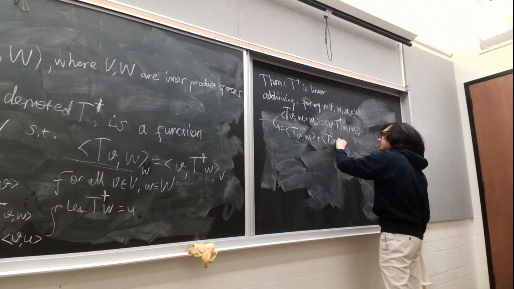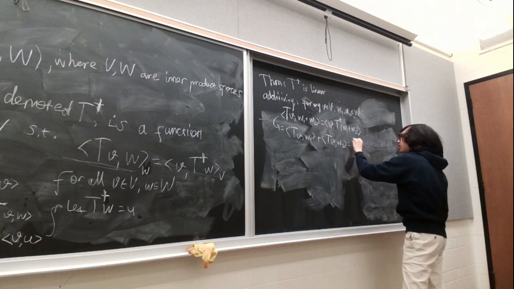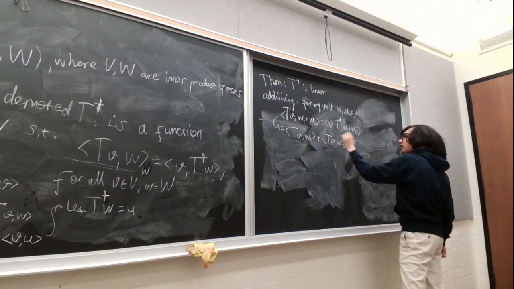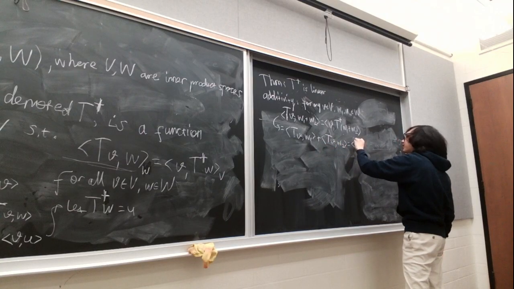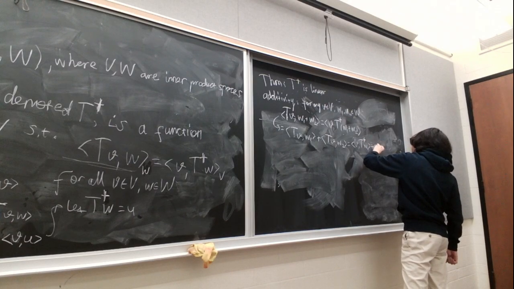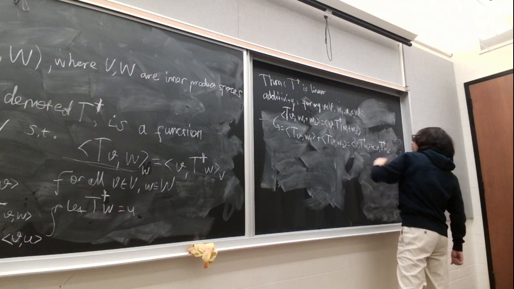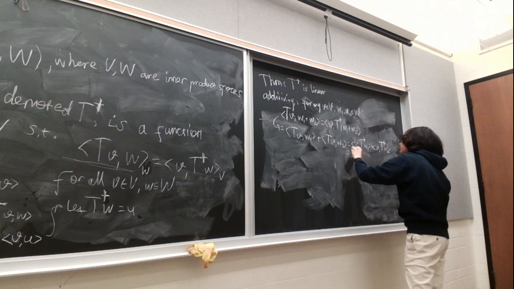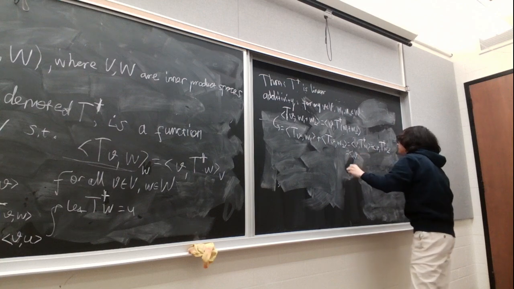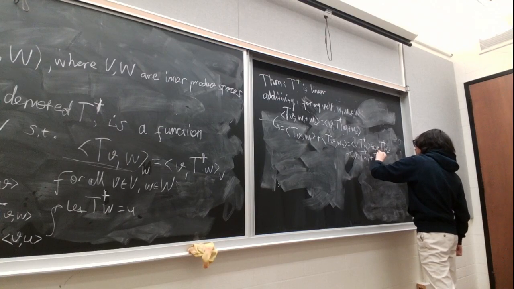The inner product of TV with W1 and W2 separately, and now we apply the adjoint to get T dagger W1 here, and T dagger W2 here, and then once again we use the properties of the inner product to get this.